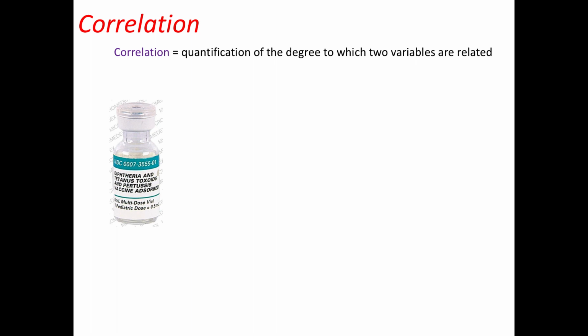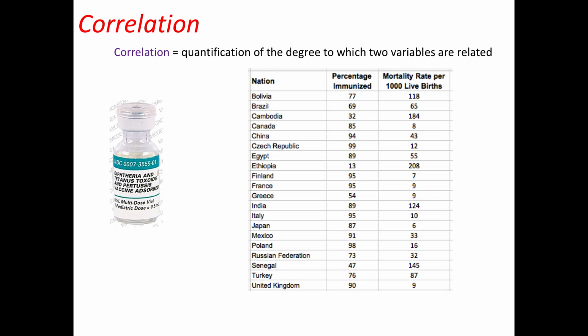The United Nations Children's Fund considers the under 5 mortality rate to be one of the most important indicators of the level of well-being for a population of children. The data for a random sample of 20 countries are shown here, where we have the 20 different nations, the percentage of children immunized, and the mortality rate per 1,000 live births.